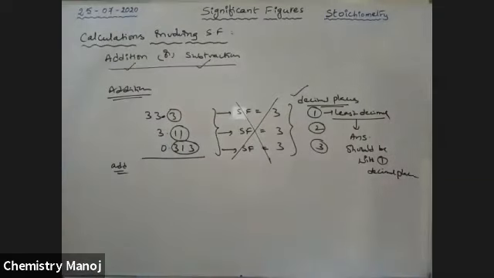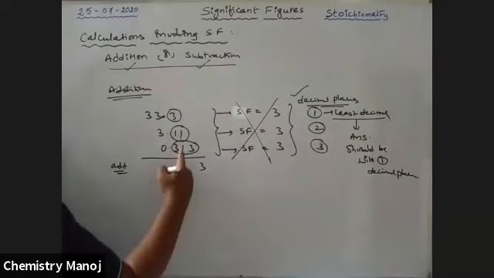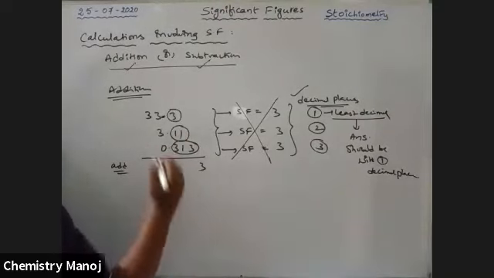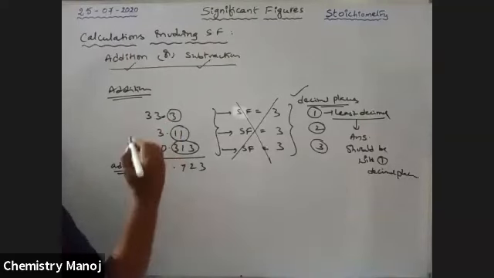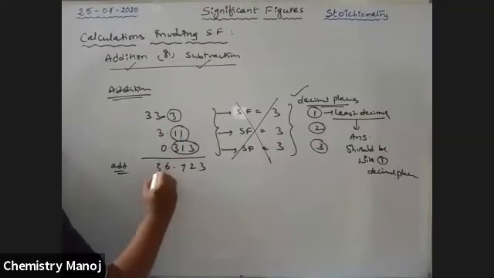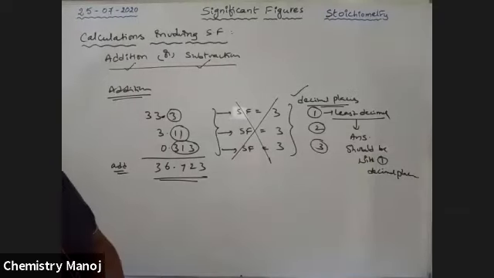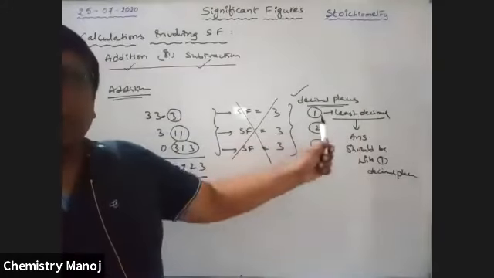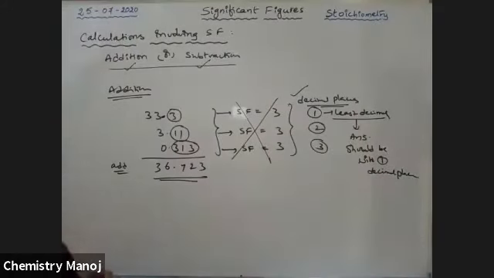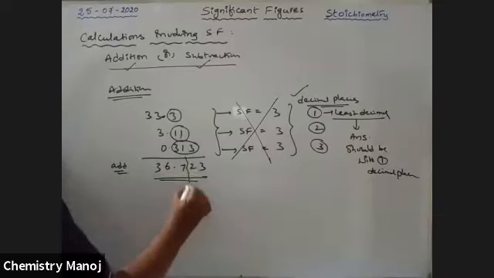Okay. So now our actual addition gives 36.763. As per our significant figures, what is the final answer? The least decimal place is the guide, which is 1 here.